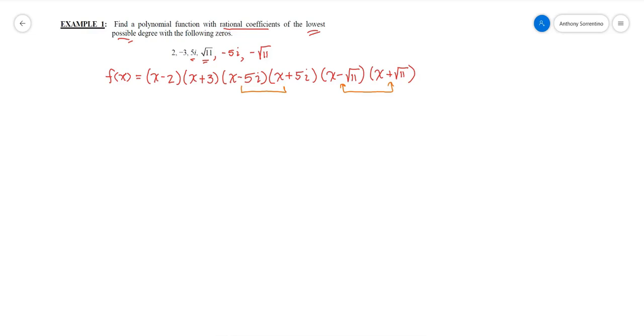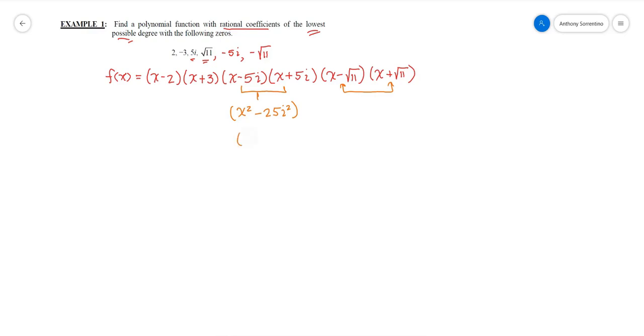So I can actually take a shortcut and say, well, this is going to be x times x, which is x squared, negative 5i times positive 5i is a minus 25i squared, which is not something we would tend to write in that format.